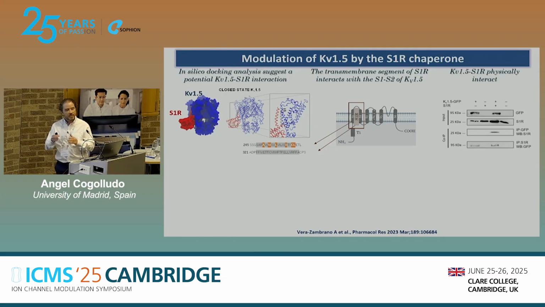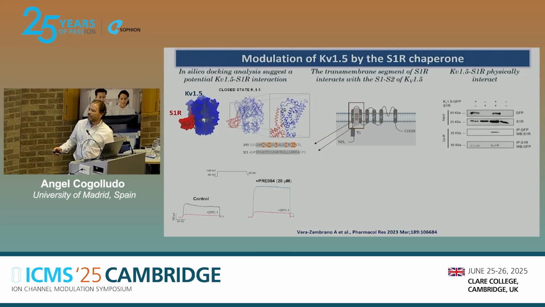Then we started to examine the effects of different modulators of the sigma-1 receptor, and I'm going to focus on the effects we obtained with an agonist of this receptor called PRE-084. This activator of the sigma-1 receptor was shown to enhance Kv1.5 channel activity in heterologous overexpression systems.